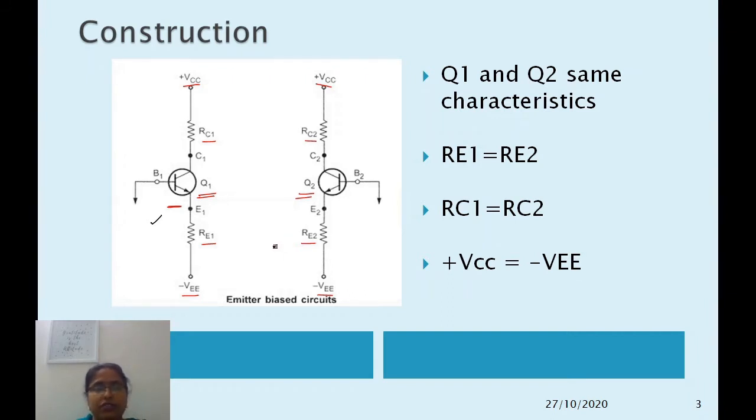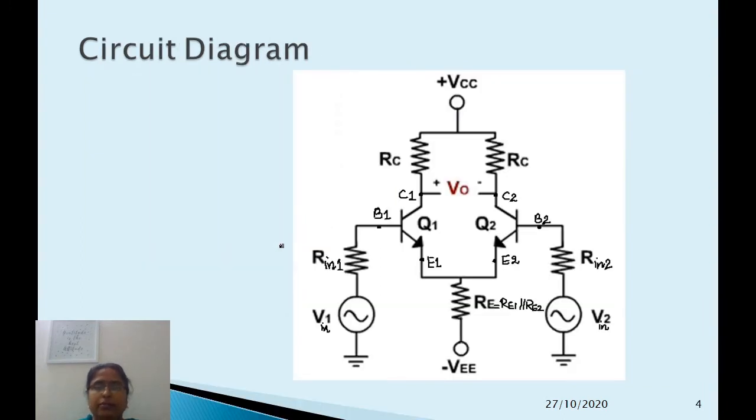For the construction of the differential amplifier, we make these two circuits into a single circuit as shown in this diagram. A single battery is now used because VCC1 is equal to VCC2, and a single connection is made.